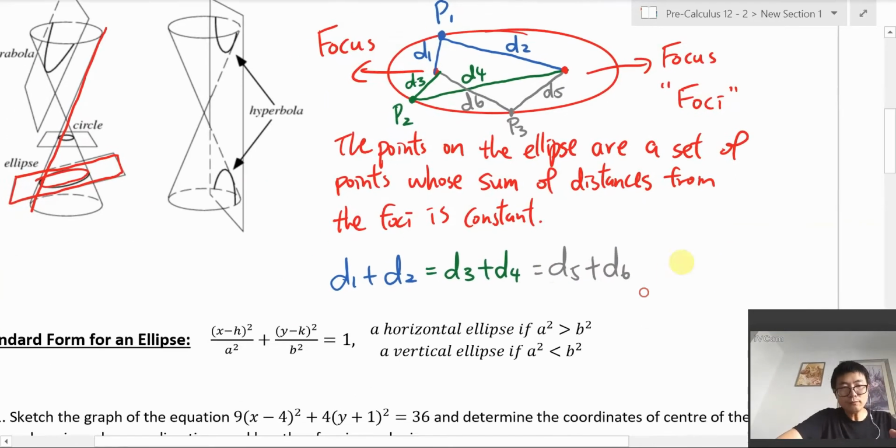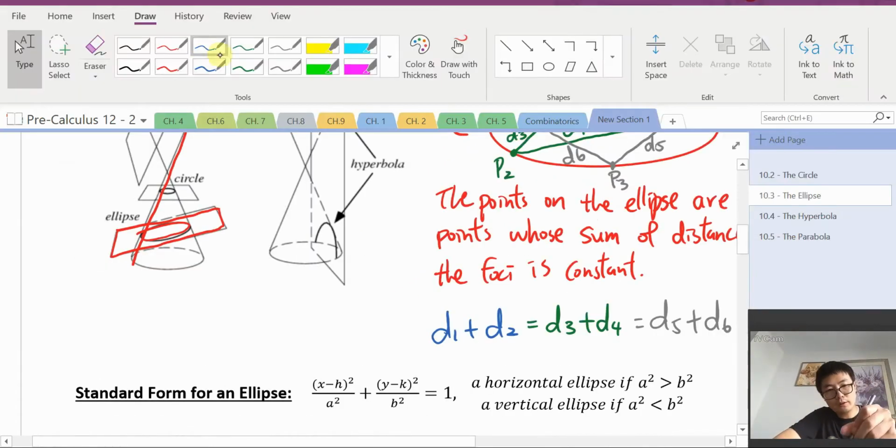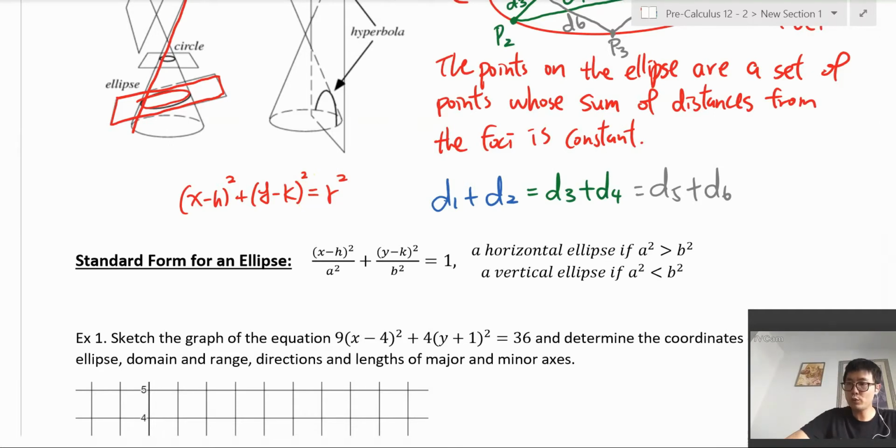Now, from the equation perspective, here is the equation of an ellipse in standard form. This is quite similar to what we had yesterday, or again for me it's yesterday. This was the equation for the circle, right? It's (x minus h) squared plus (y minus k) squared equals r squared.